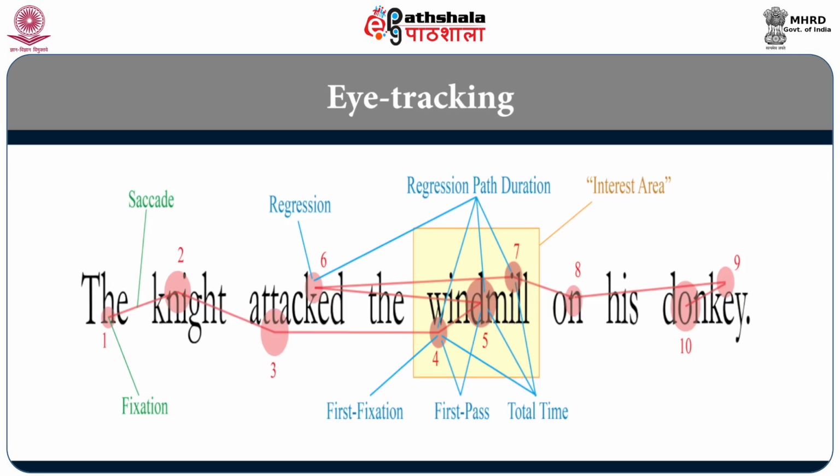Then you see on his donkey, you get confused. Your eyes go back to attacked. So 6 is on attacked. Then your eyes come back to windmill, 7. Then 8 is on, 9 and 10 is his donkey. So you can see the lines going from the eye movements are recorded like this.